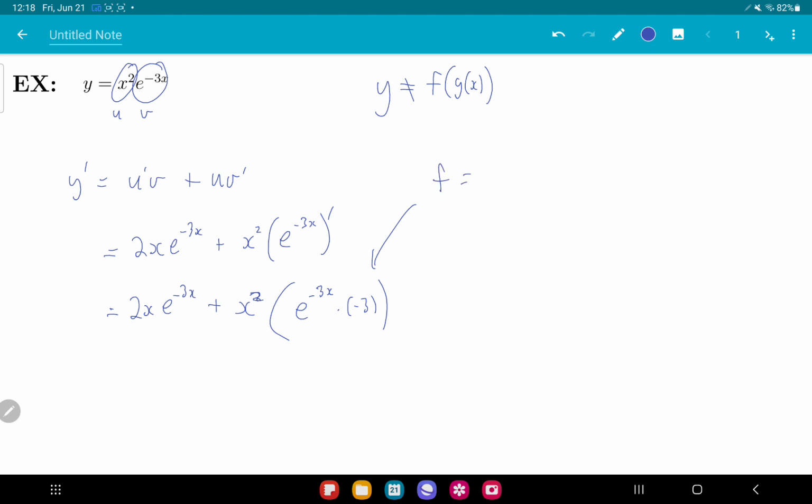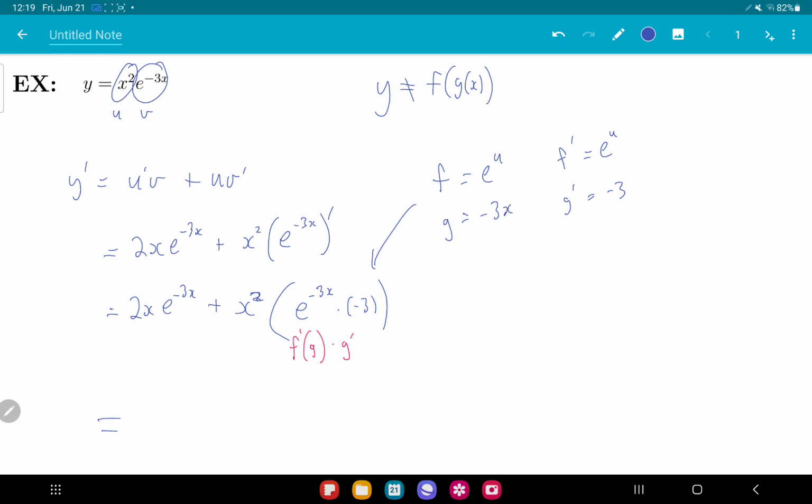F is e to the u. G is minus 3x. F prime is also e to the u. G prime is minus 3. So you can check that this is f prime with g plugged in times g prime.